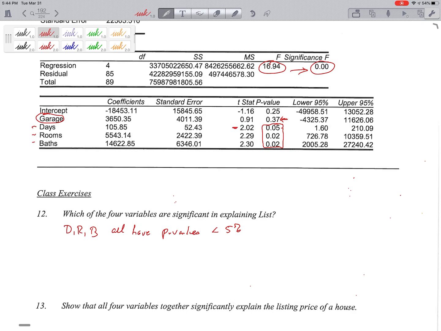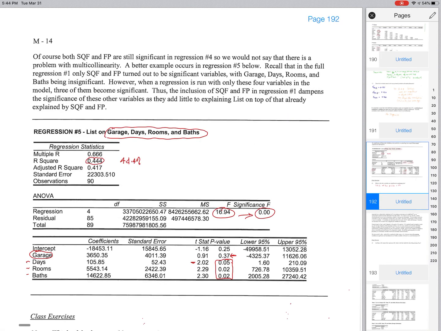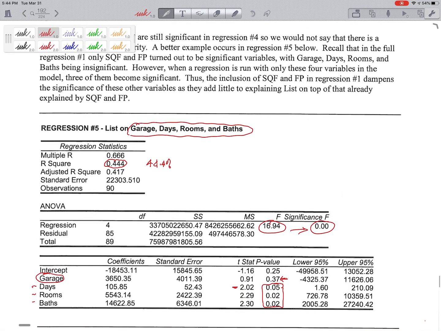I guess this one here rounds to 5% for days, but it's actually just a little under that, 0.49 something, and it rounds to 5% here. So they're significant. And the only one that isn't is garages with a p-value of 37%.